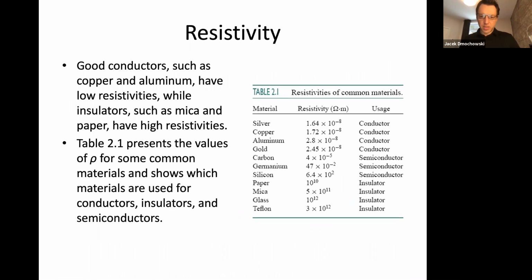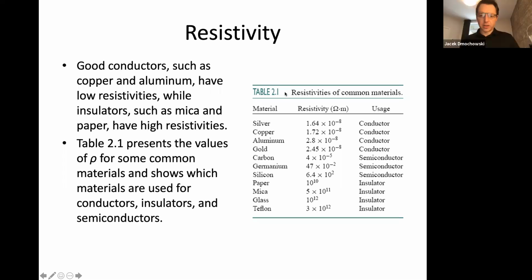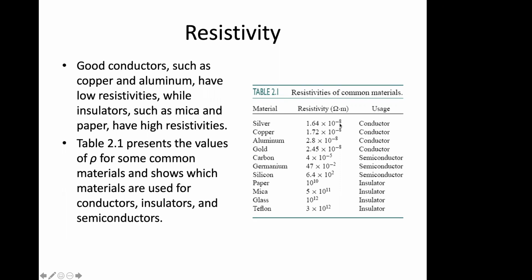And so conductors have very low resistivity, and insulators have very high resistivity. I think that makes sense. So for example, something like Teflon, which is an insulator to both heat and electricity, has a very high rho value, whereas the metals have a very low rho value.